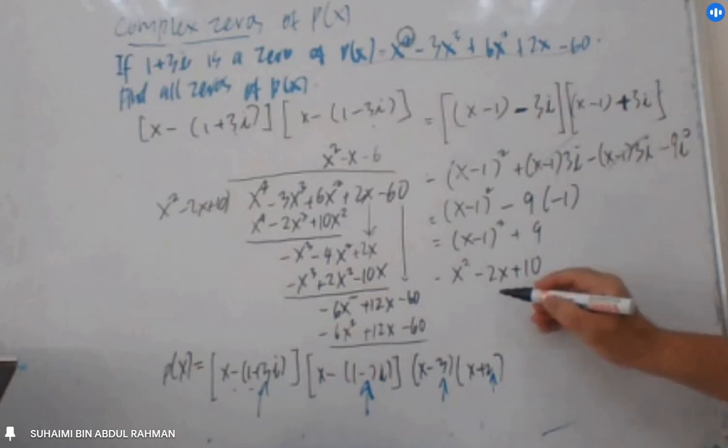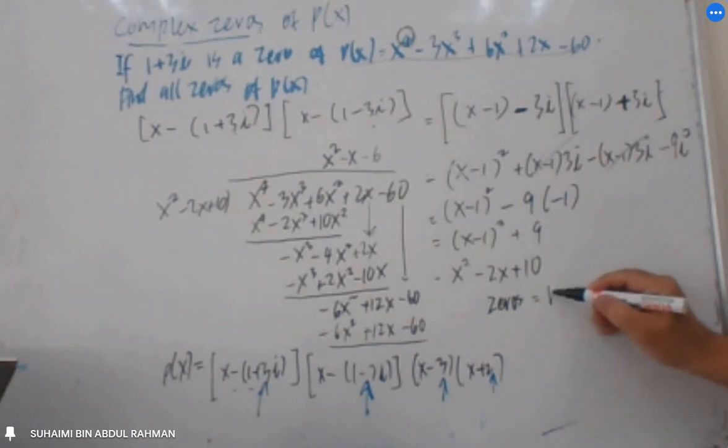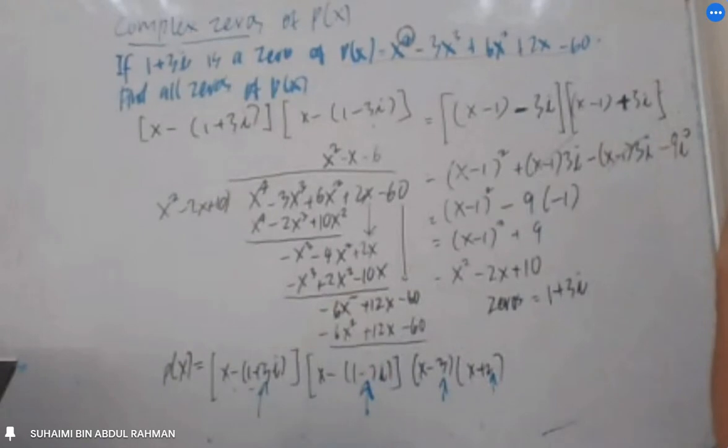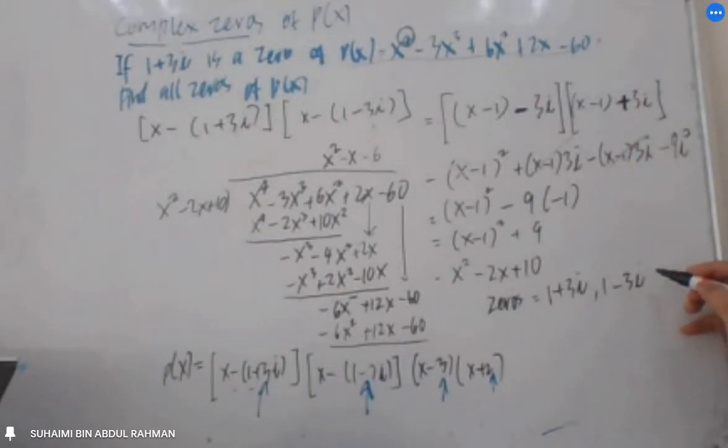So the zeros will be 1 plus 3i, another one, 1 minus 3i.